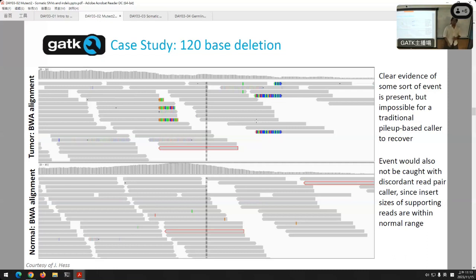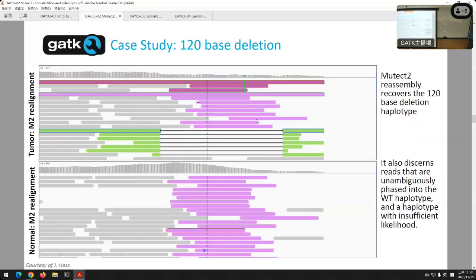This is an example where it's really hard to find out what's happening on other technologies like BWA, which some of you who work in somatic areas might know. But when you run it through MuTect2, remember it's built on top of the haplotype caller, which explicitly goes in and tries to reassemble what's happening there with its reads. Because of that, here we actually see, hey, it turns out that's a 120 base deletion. We can see that now, whereas before with older ones, it was harder to see.